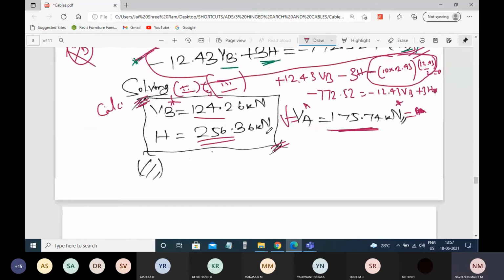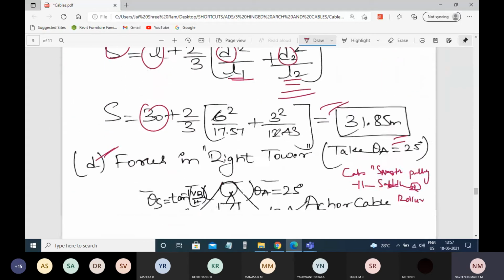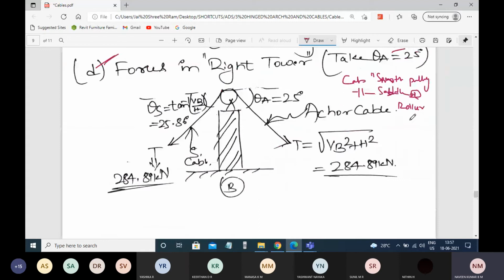So you don't need to consider the saddle or roller condition in order to find the forces. Instead of cable they mentioned rope, so it will definitely be carried by a pulley only. You cannot carry it through a saddle or roller.